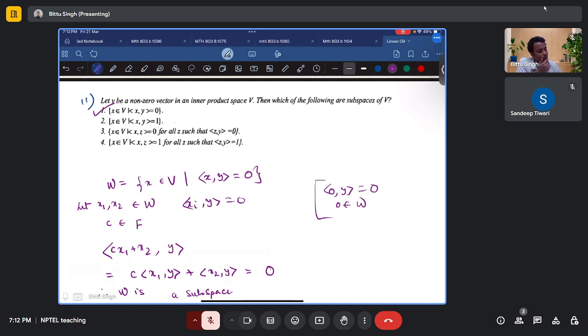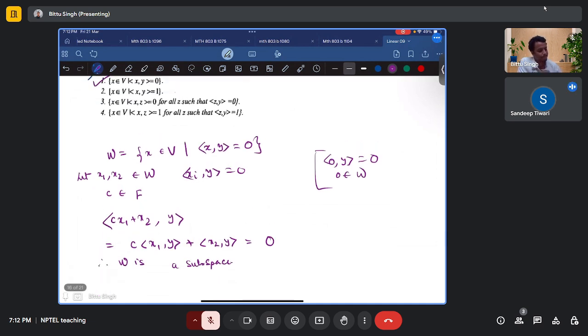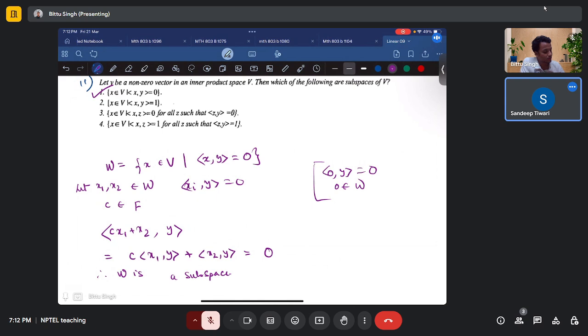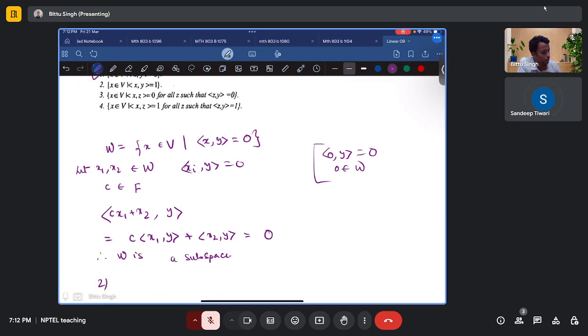Now what about option 2? Not correct. Why not correct? 0 is not there. For option 2, we can see 0 does not belong to W2. Why? Because 0 comma y is always 0, which is not equal to 1.